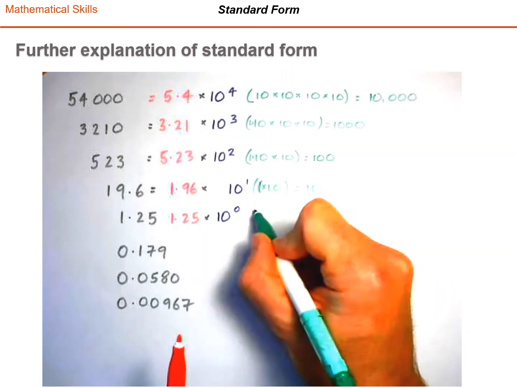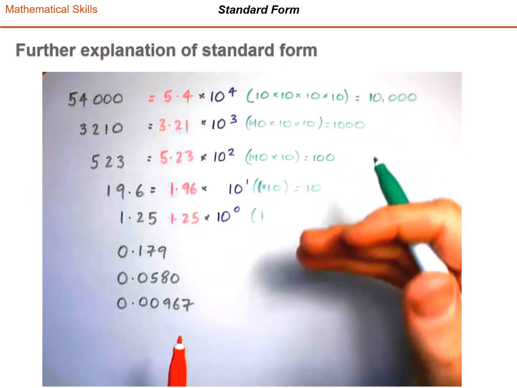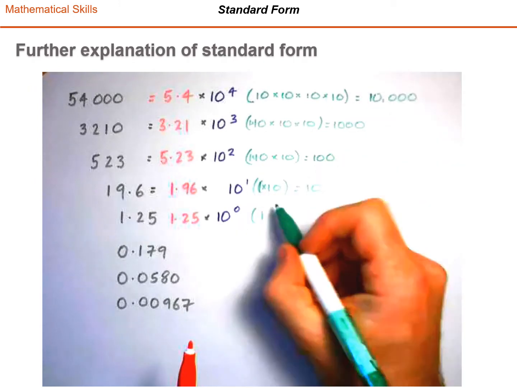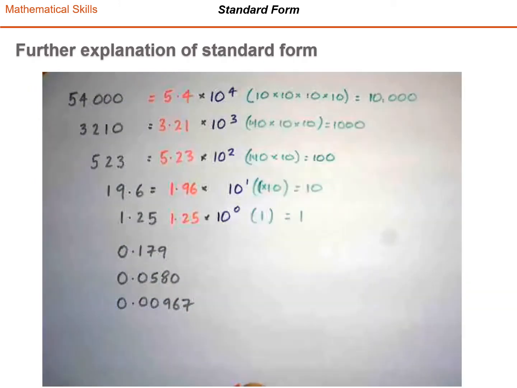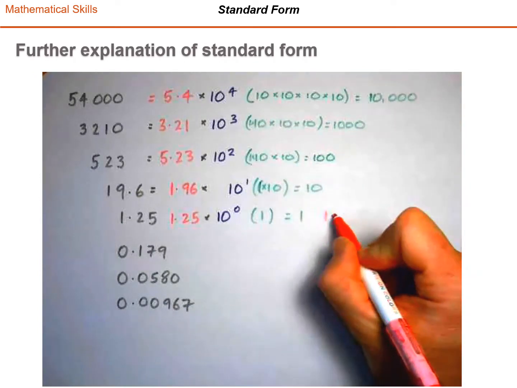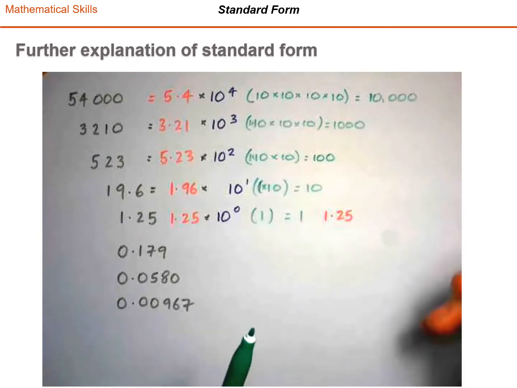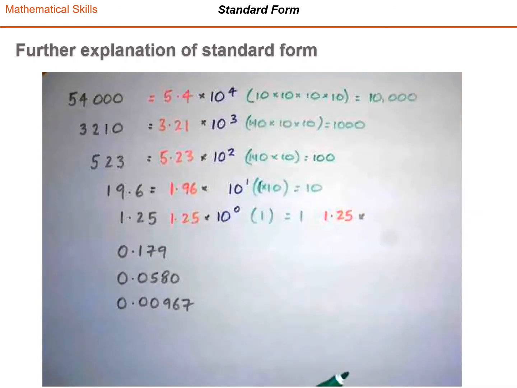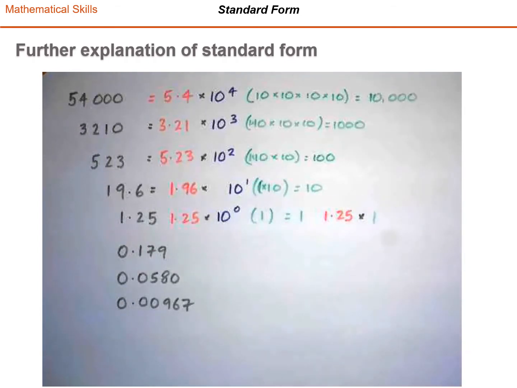So here this is going to be 1, not multiplied by 10. I don't put multiplied by 0, I just put 1 on its own. So here what I'm doing is 1.25 multiplied by 1, and that obviously gives me 1.25.